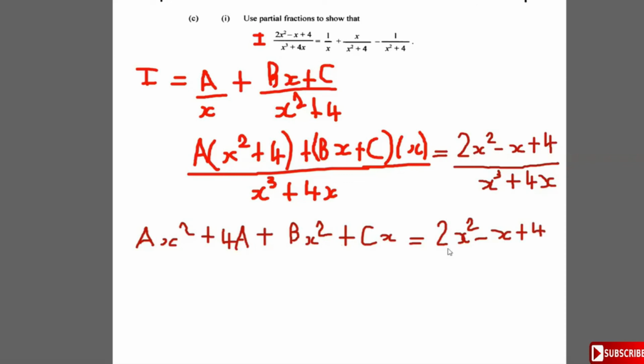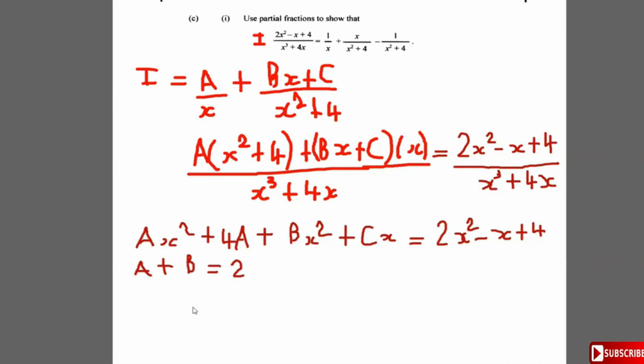All right, and so equating x squared terms, you're going to have a plus b is equal to 2. That's equating the x squared terms.